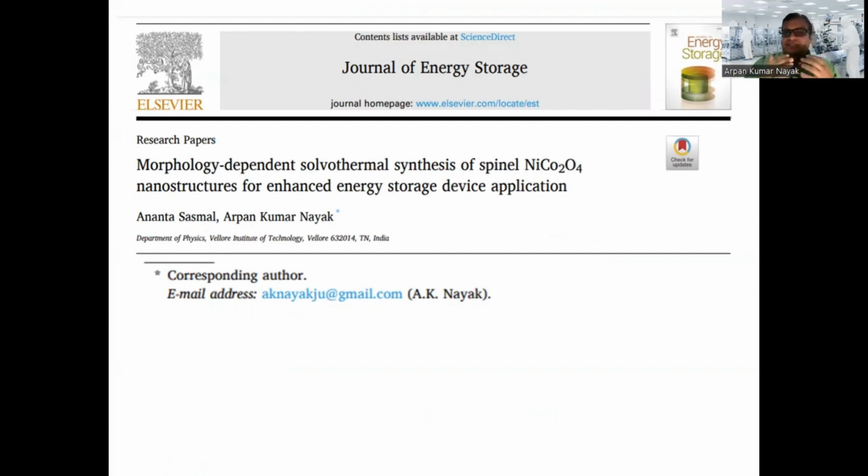In this we chose a title like: morphology dependent solvothermal synthesis of spinel nickel cobaltite nanostructures for enhanced energy storage device application. This is a particular area, but in a similar way we can think for others. So in this case, what can we see from this title?